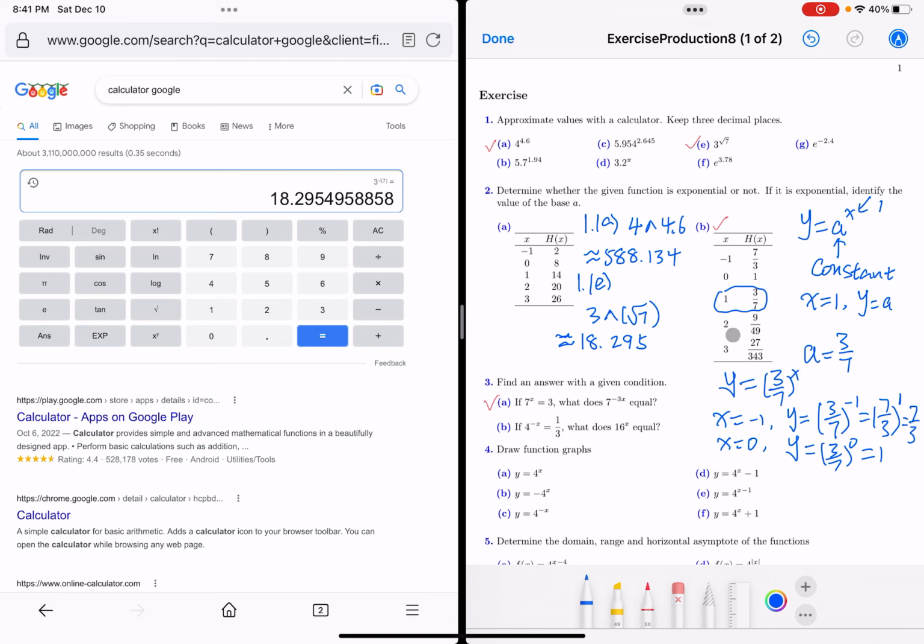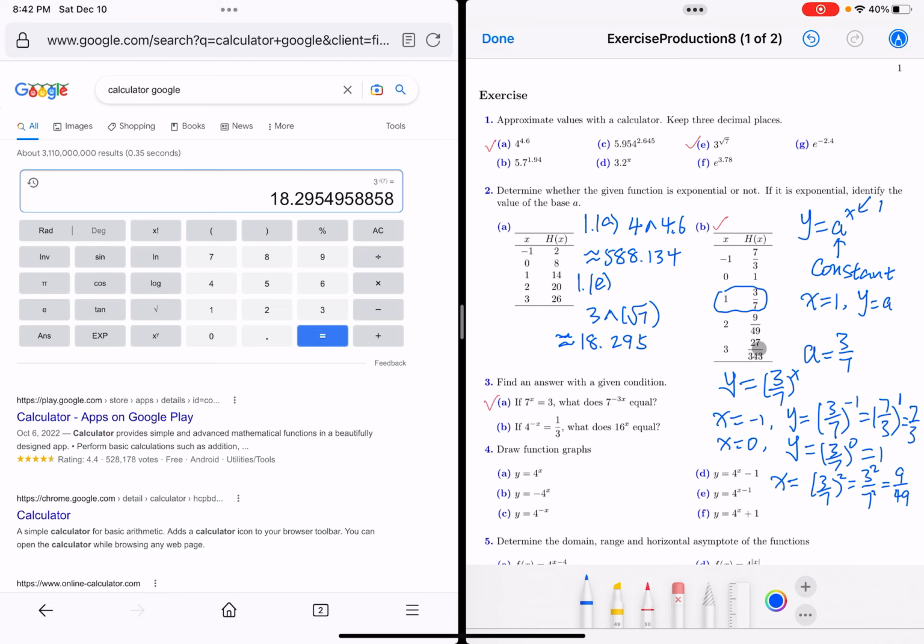That's correct. Here, x equals 2, so you have (3/7) squared. That's 3 squared over 7 squared, that's 9/49. That's correct for this one.